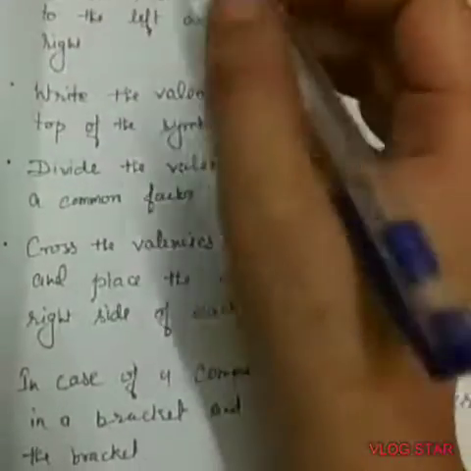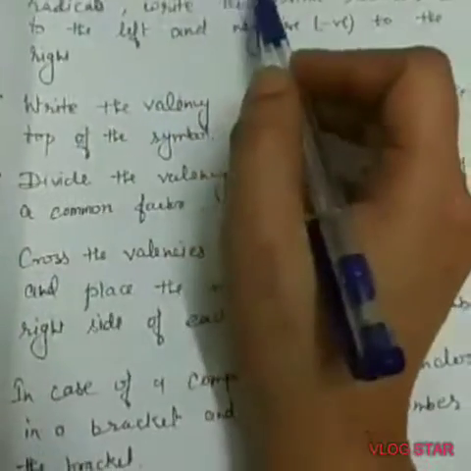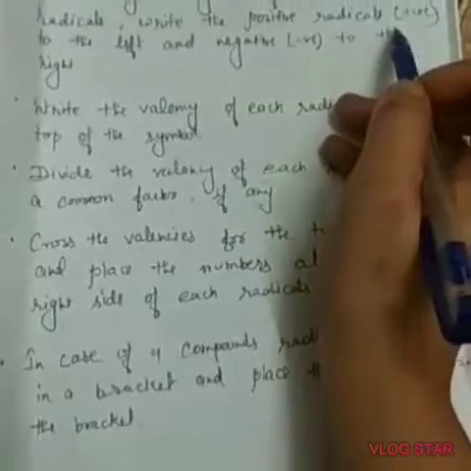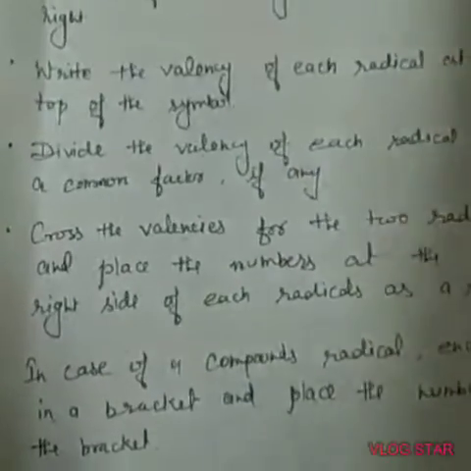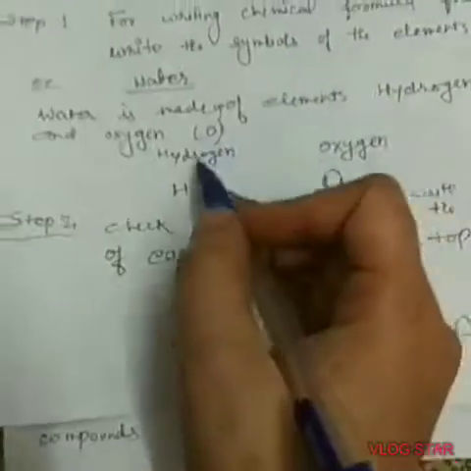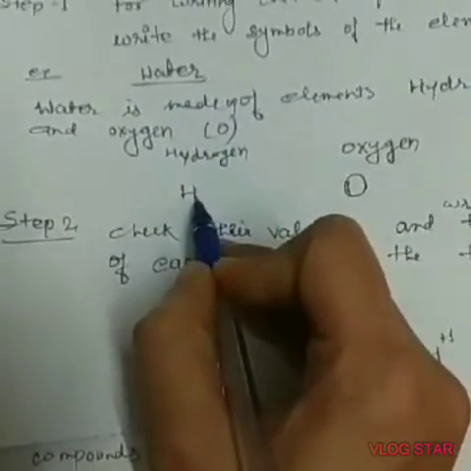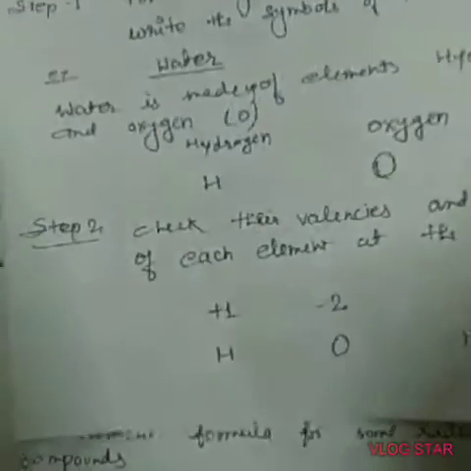Let's discuss the rules again. Guidelines for writing chemical formulae. For writing the symbols of the two radicals, write the positive radical to the left and the negative to the right. Here you can see we should write the positive element at the left side and the negative element at the right side.